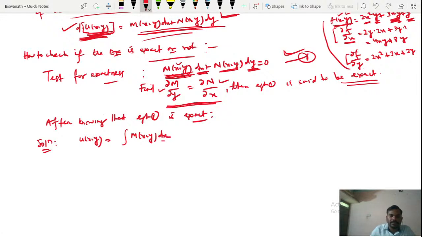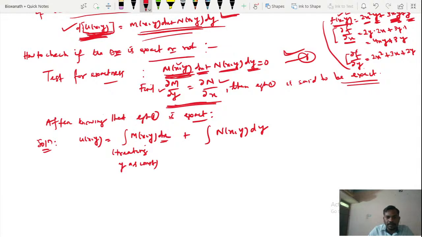Since I am taking integration with respect to x, in this integration you will write treating y as constant. Similarly plus integration of n of xy dy.